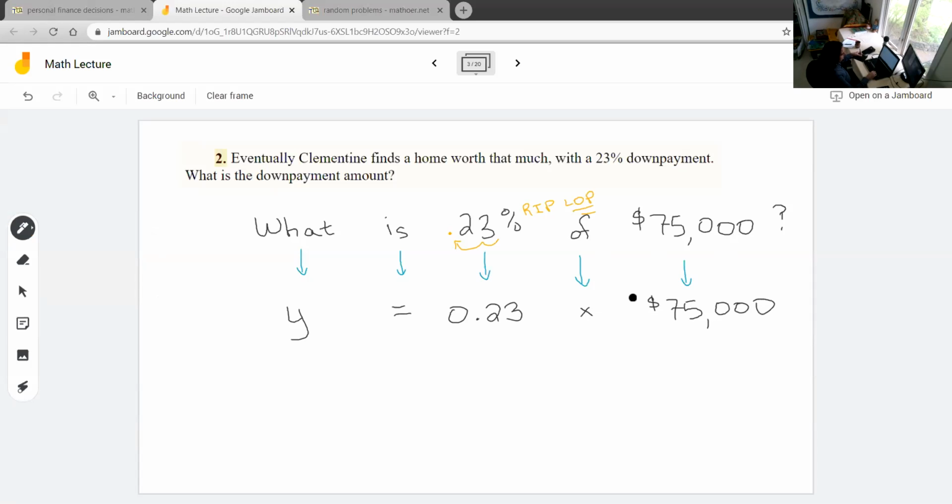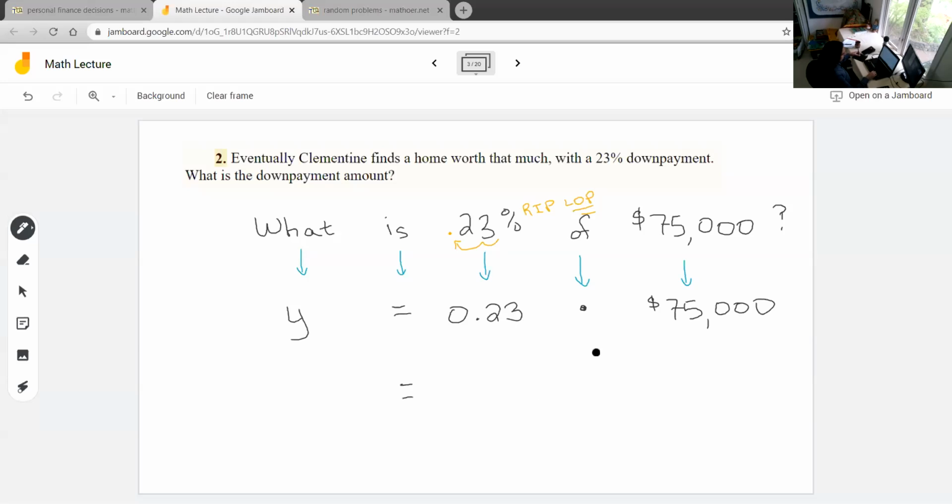Is there anyone that needs more review of just that foundational step of taking a sentence with words what is and of, and translating it into an equation with y and equals and times? I can do more of those if we want. I will do more anyway, but if it's something you need right now, let me know.